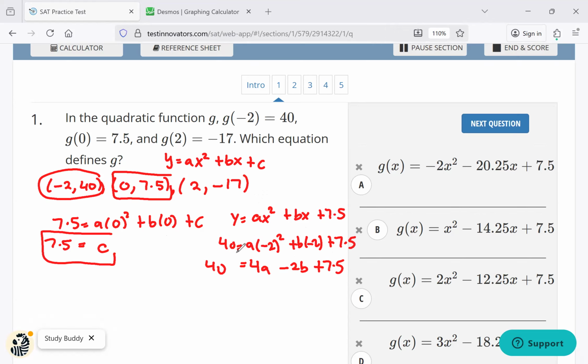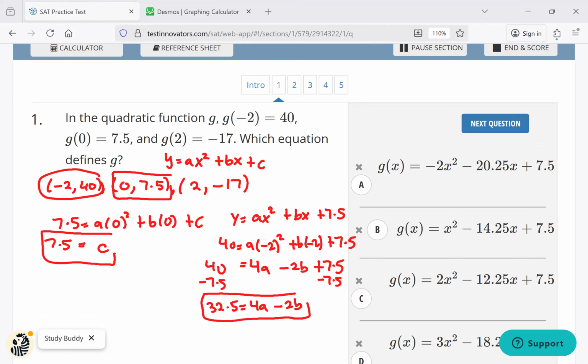And we're probably going to have to do a system of equations just to find a. So what I'm going to do is subtract 7.5. So 40 minus 7.5 is 32.5. Okay, I'm going to box it.